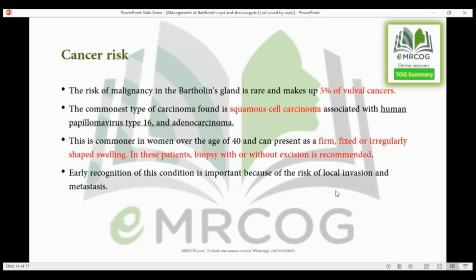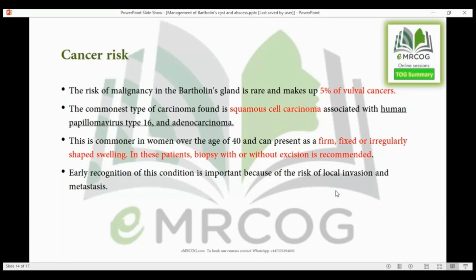They talked about the cancer risk in Bartholin cysts and abscesses. It's up to 5% only of vulvar cancers. Most common type is squamous cell carcinoma. When should we think about Bartholin gland cancer?